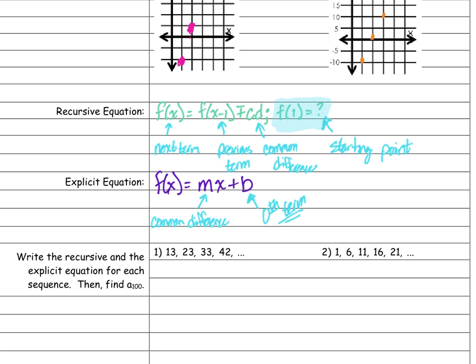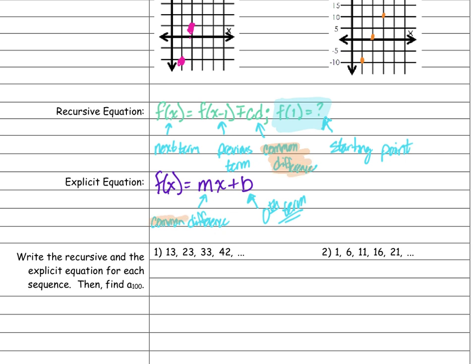That means find the 100th term of this sequence. Okay? So in order to do this, I need to find my common difference, because if you look at both of these equations, both my recursive and my explicit, call for my common difference.